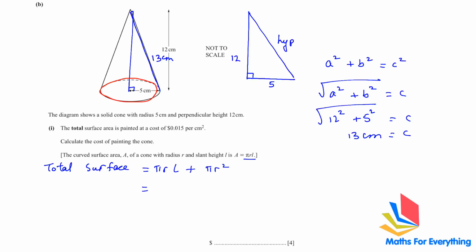We have all the information that we need. We just have to plug in the values. R is 5, length is 13 plus 5 square. We will get 282.74 square centimeter. That is the total surface area.